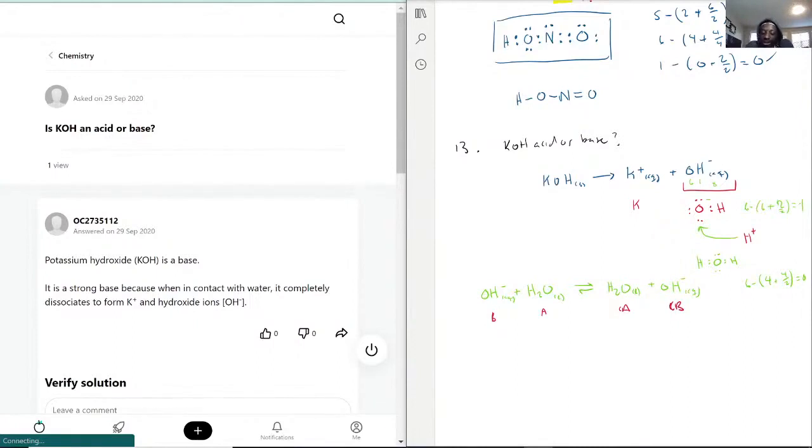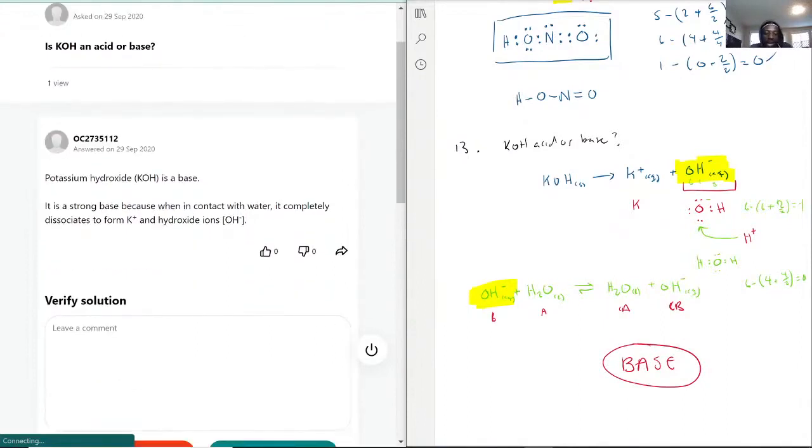The reason I drew it like this is that KOH dissociates to form OH minus hydroxides, and the hydroxides react with water to form this, meaning that it follows in both examples the Bronsted-Lowry definition of a base, and the K is not doing anything other than being an ion in the solution. In total, this makes KOH a base because its constituent, specifically the hydroxide, is working as the base in this situation.